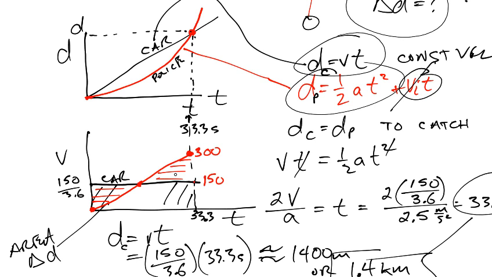Well, we can also verify this, by the way, just for fun. You can use the equation V final equals AT plus VI, where VI is 0 for the police car.